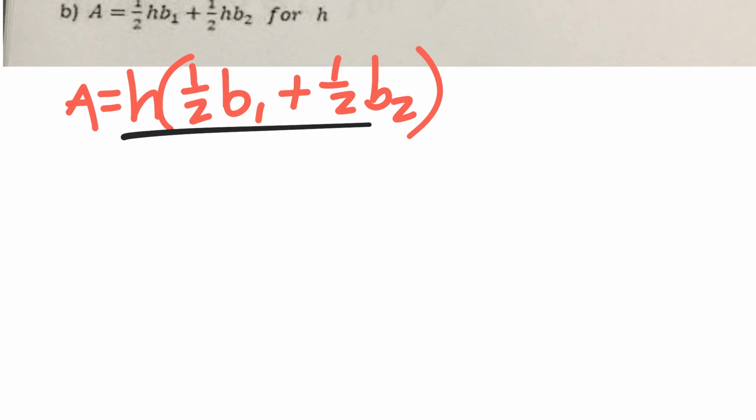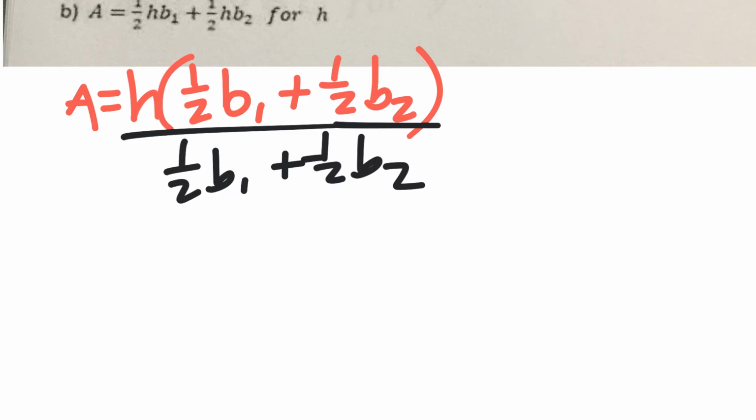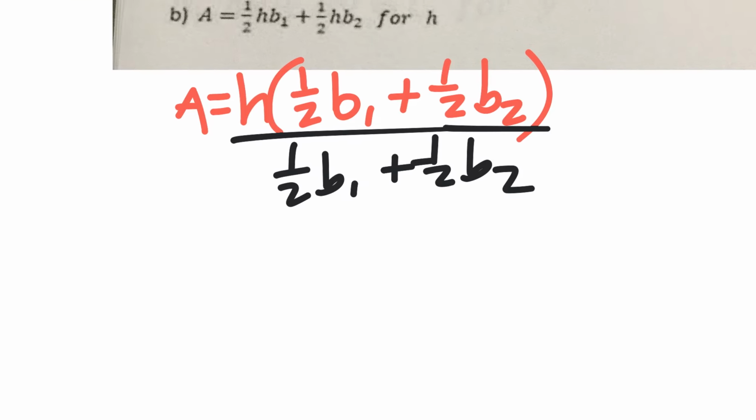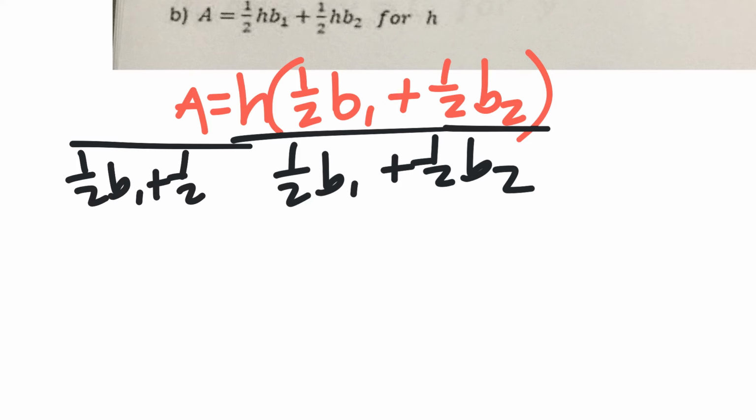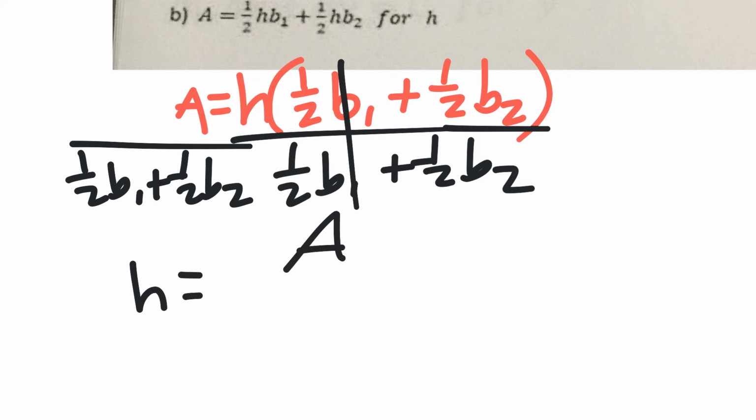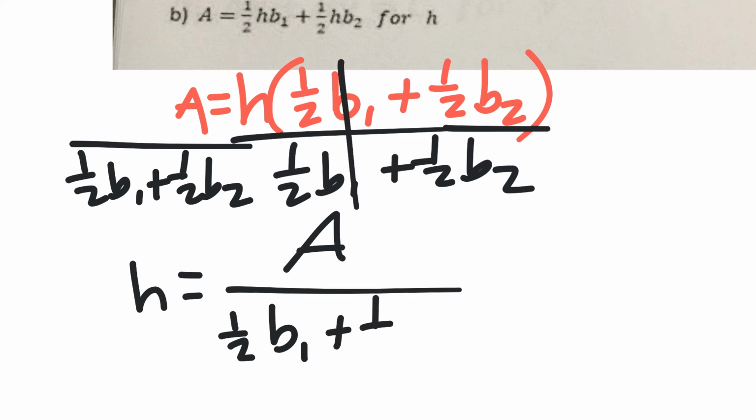Now I want to get h by itself, so I'm going to divide by 1/2 base 1 plus 1/2 base 2 on both sides. So that tells me the height is equal to the area divided by 1/2 of base 1 plus 1/2 of base 2.